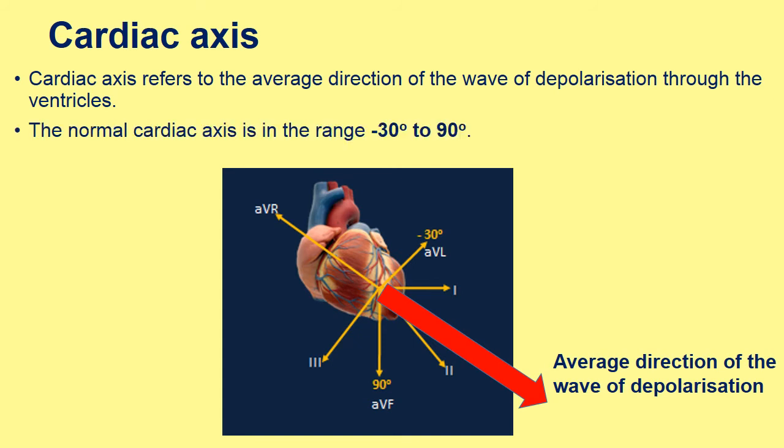And the cardiac axis can be anything from 90 degrees to minus 30 degrees. So anything in that range is normal.